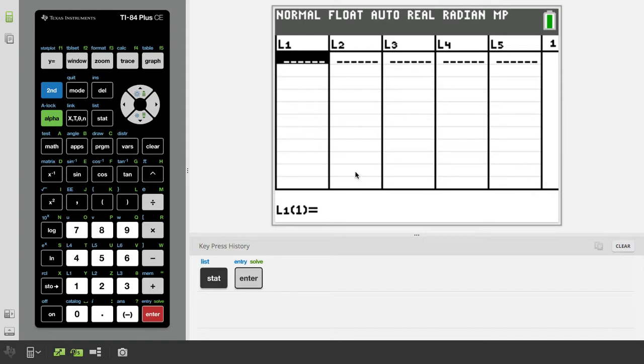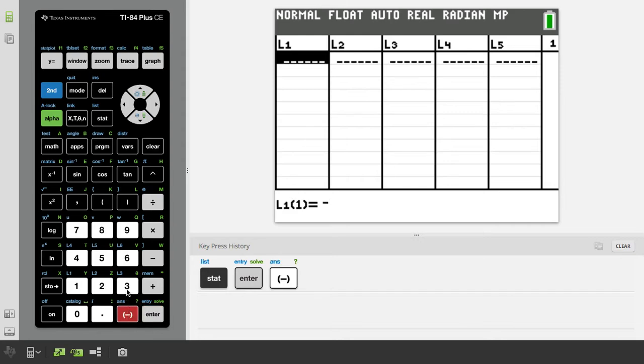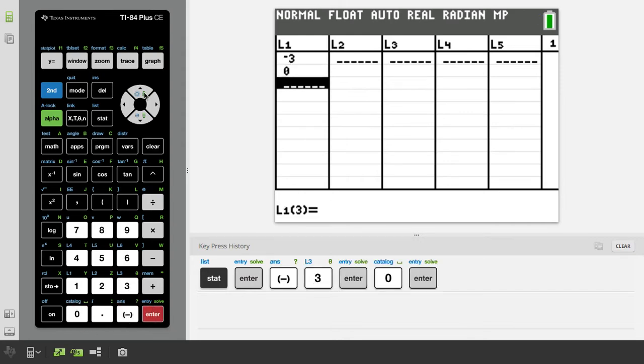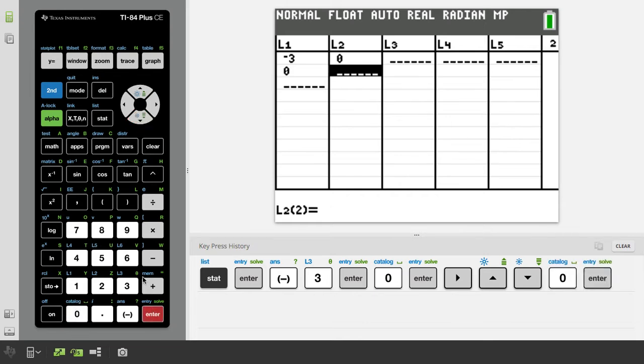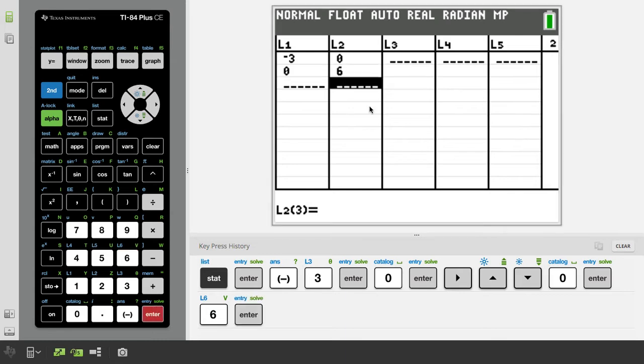All right, let's go ahead and start putting in these values. I'm going to do my X's first, -3, enter, 0, enter. I'm going to go over to my L2 category, and I'm going to enter my next values, which are going to be 0 and +6. Noticing that each of these is an XY pair.